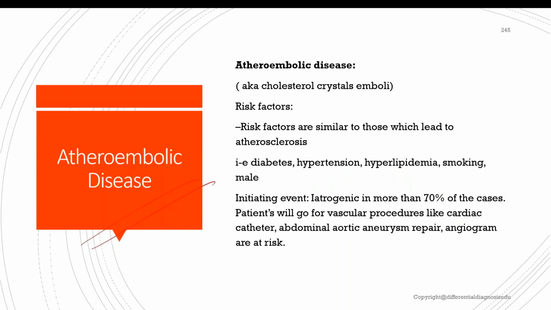Atherosclerotic disease. What are the risk factors? Diabetes, hypertension, hyperlipidemia, smoking. What caused the disease? Let's say a patient went for a vascular procedure like cardiac cath or abdominal aortic aneurysm repair, and after the procedure the patient developed kidney injury. The duration is the most important thing.